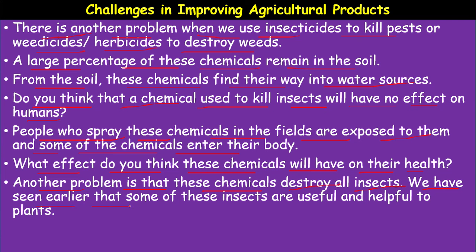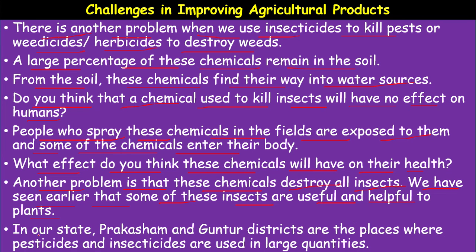So, we have seen earlier that some of these insects are useful and very helpful to the plants. In our state, the Prakasham and Guntur districts are the places where pesticides and insecticides are used in large quantities.